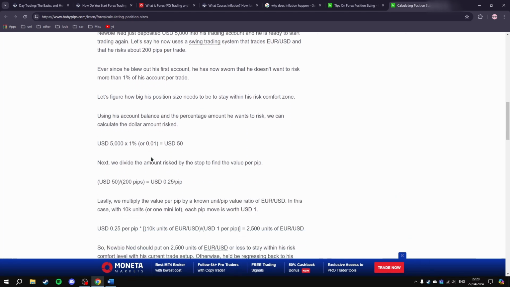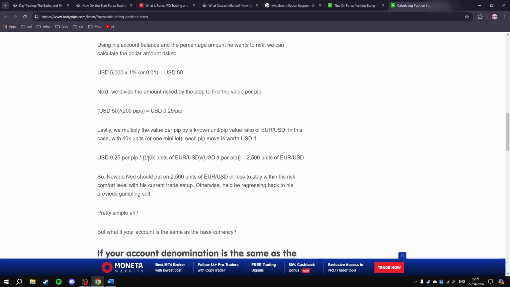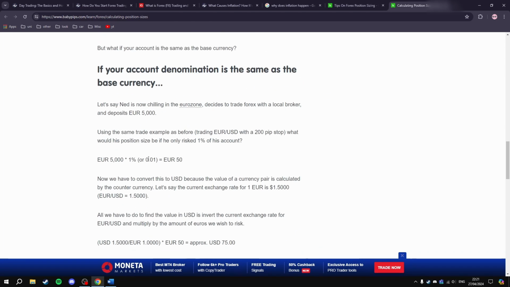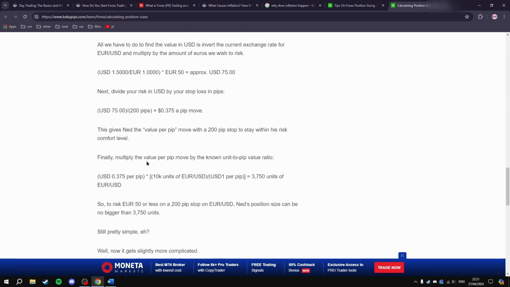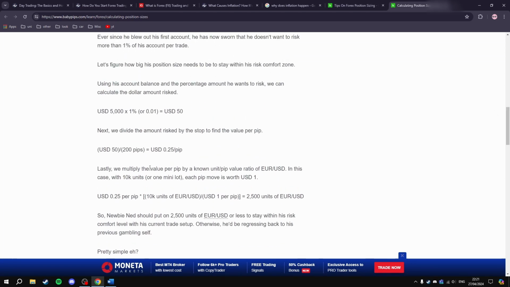Where does it say that it's a 10k lot? Because it never said 1 mini lot with 10,000 units.